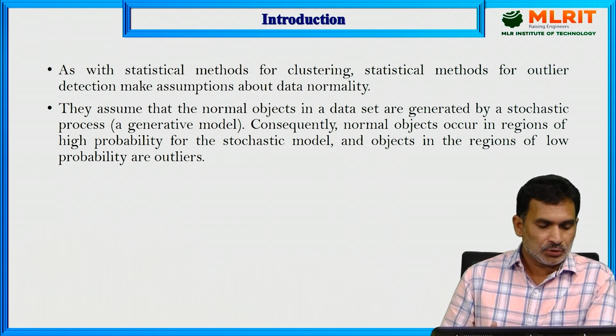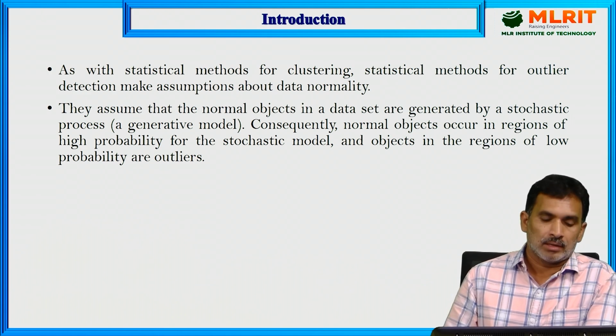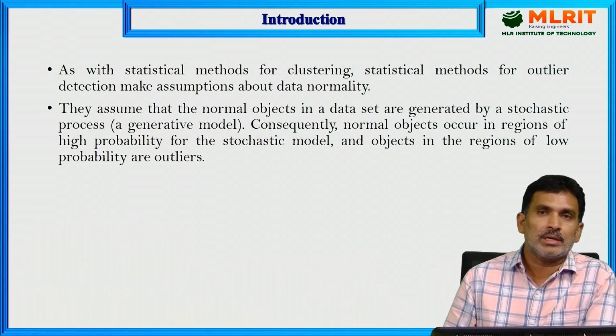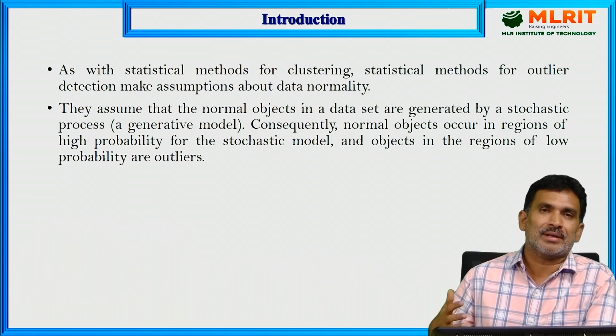They assume that the normal objects in a data set are generated by a stochastic process, or a generative model. Consequently, normal objects occur in a region of high probability for the stochastic model, and objects in the region of low probability would be considered outliers.